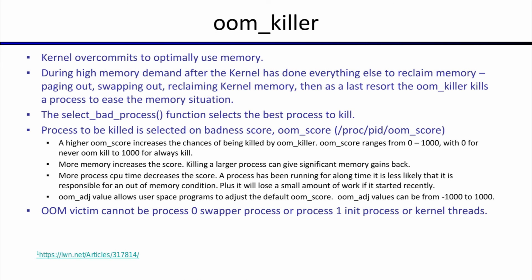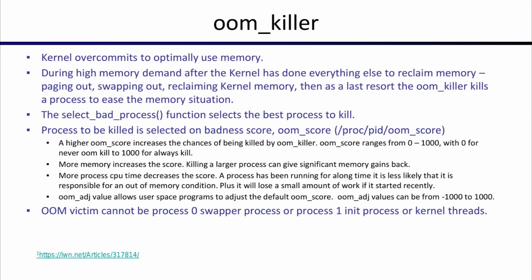Also, small memories do not help the kernel a lot, but larger memory numbers help the kernel. The kernel does not want to kill 100 processes to save memory. Rather, the kernel may kill one process and get memory back to revive the system. So that's another factor. It has to be reasonably large.